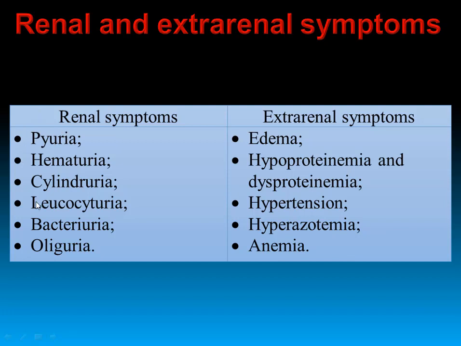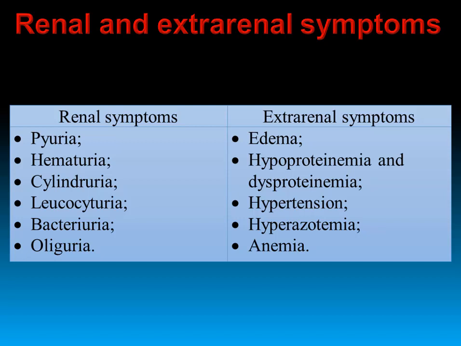Pyuria and leukocyturia. Pyuria is the presence of pus in urine. Leukocyturia is the presence of leukocytes in urine. Leukocyturia is a mild form of pyuria, because pyuria means the amount of leukocytes in urine is very large, and the presence of such an amount of leukocytes can be found in severe purulent inflammation.